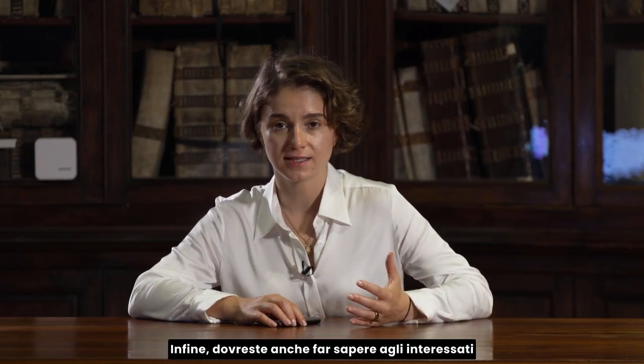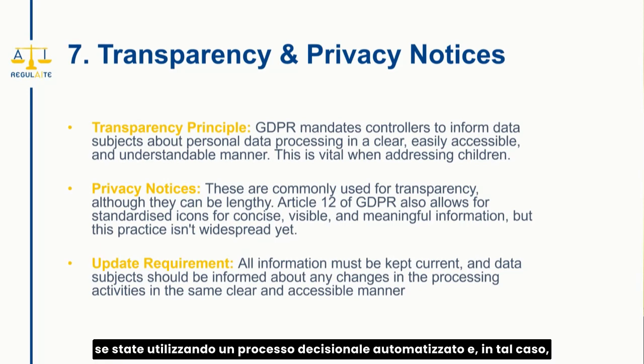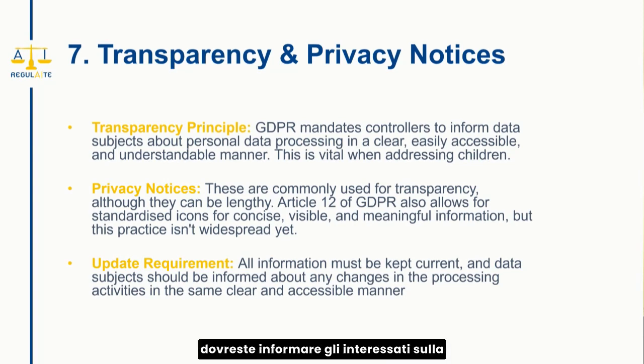And lastly, you should also let data subjects know if you are using automated decision making. And if you are, data subjects should be informed about the logic involved in making those decisions.